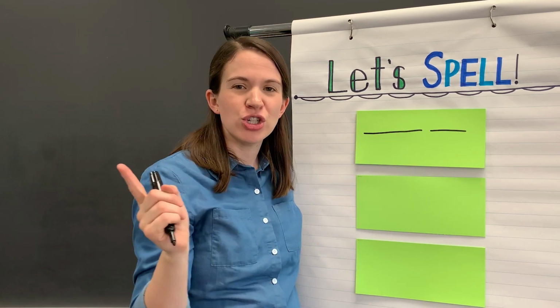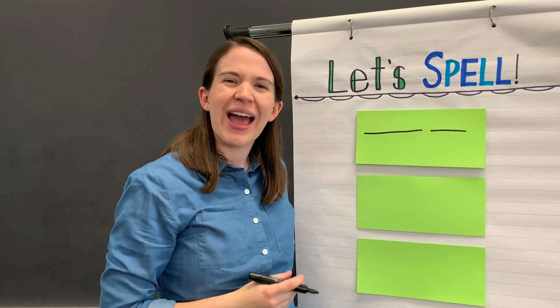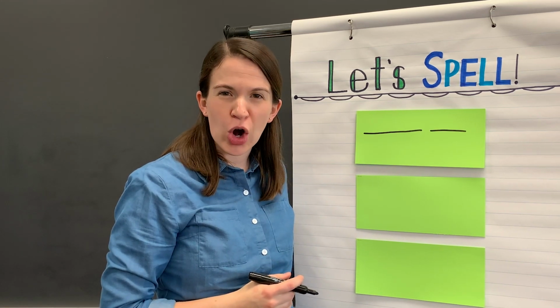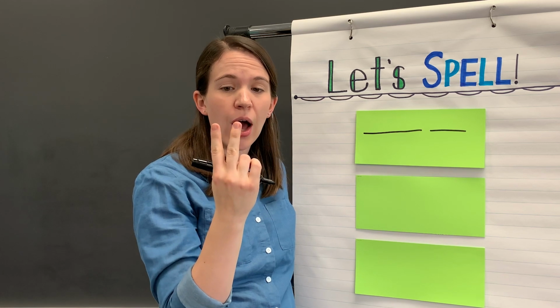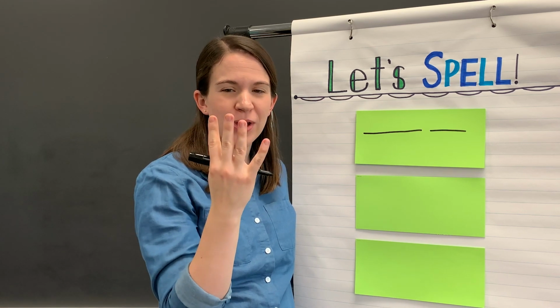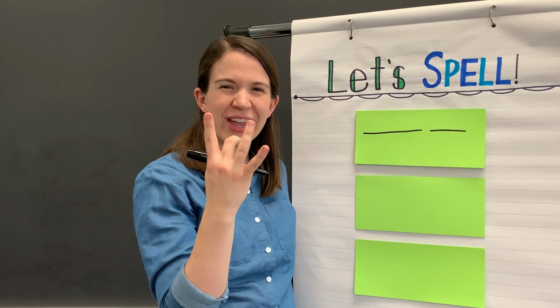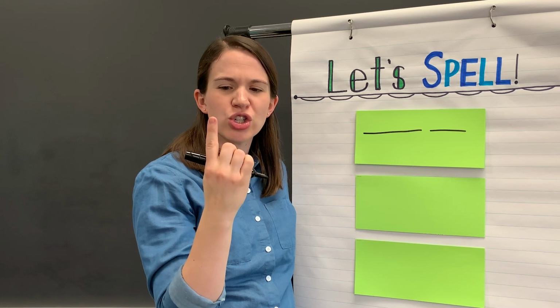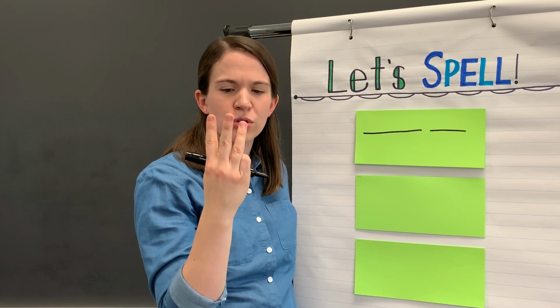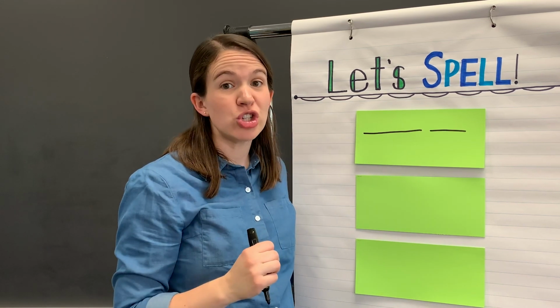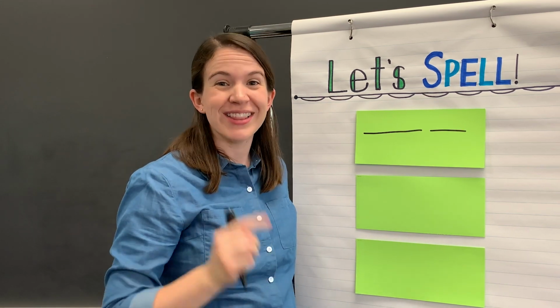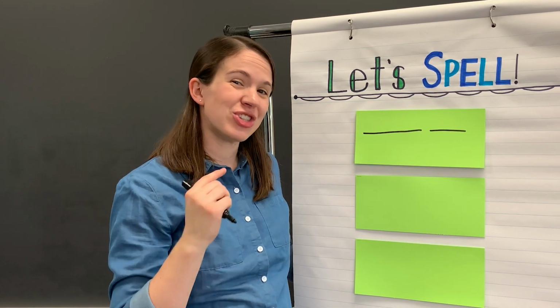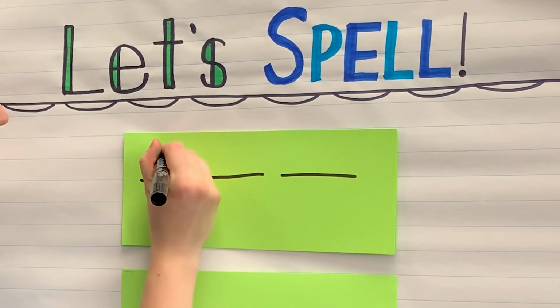Now, let's start with that first part and listen for the sounds that we hear. Sharp, sharp. How many sounds do you hear in sharp? I hear 4 sounds. Sh, ar, p. Those 2 sounds in the middle kind of slide together. Now, just because there are 4 sounds does not mean that there are 4 letters. Let's write the letters that match the sounds that we heard.